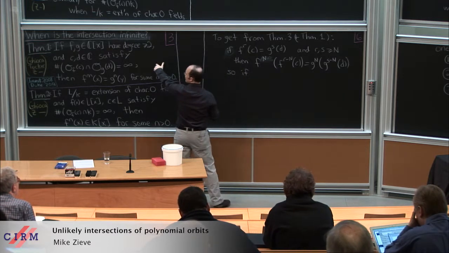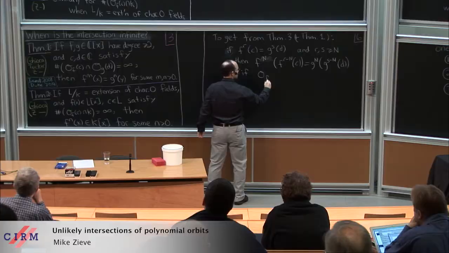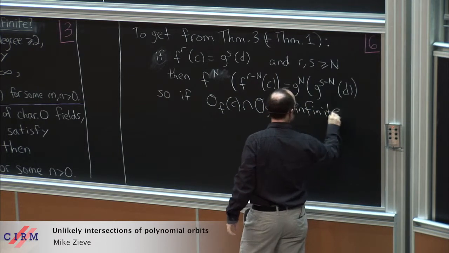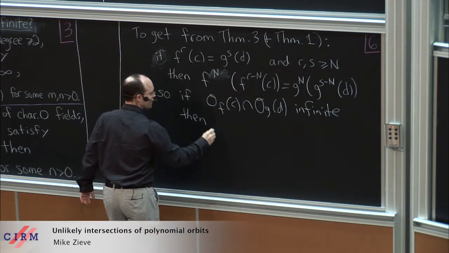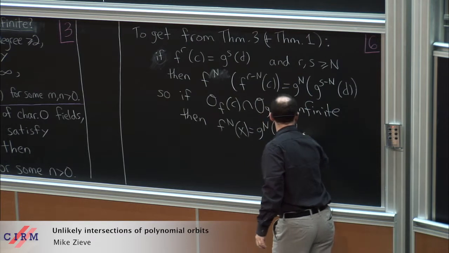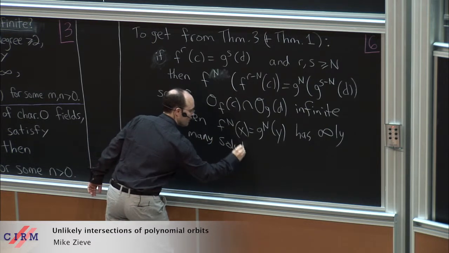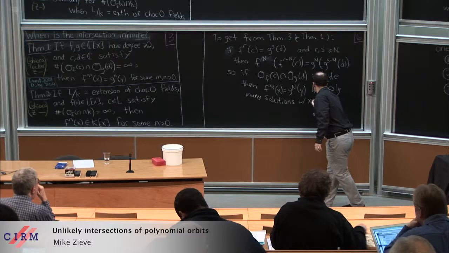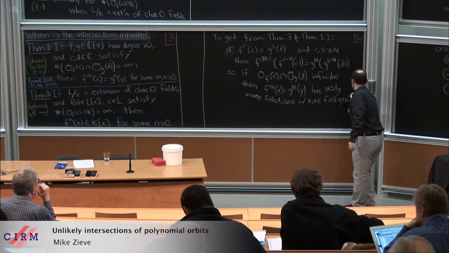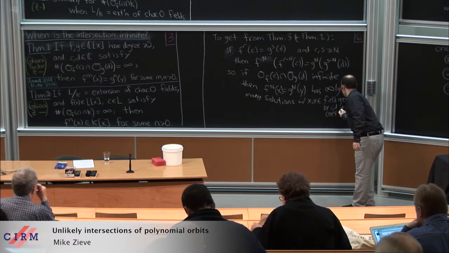Well, actually, let me prove Theorem 1 first, because it'll be easier. So if the intersection is infinite, then this equation has infinitely many solutions, with x and y being in the field generated by C, D, and the coefficients of f and g.